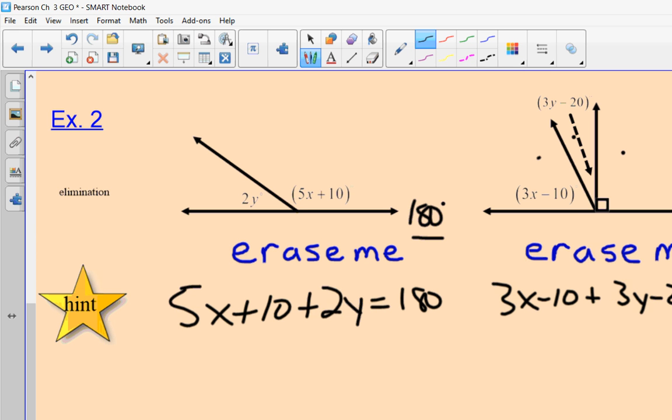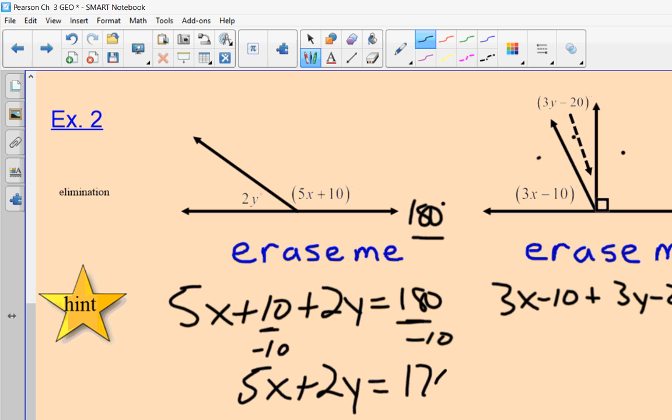But first off, to do that, I have to get x and y, in this case in both equations, by itself. So in this one, I have to get rid of the 10. So I'm going to have to subtract it to both sides. And I get 5x plus 2y is equal to 170.